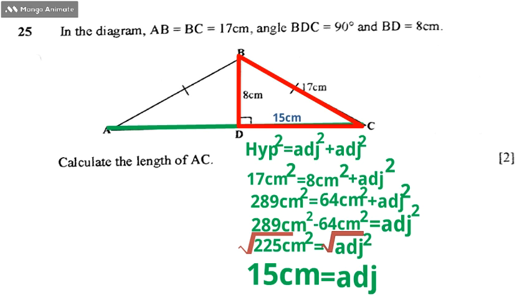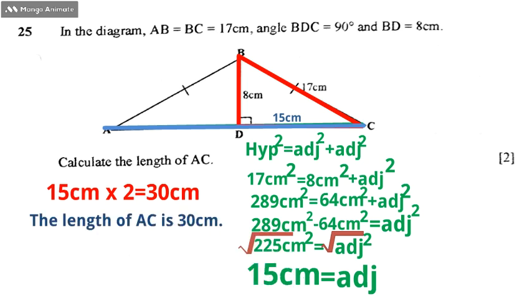Now, for me to find the length of AC, I'm going to multiply 15 centimeters by 2, which gives me 30 centimeters. So the length of AC is equal to 30 centimeters. Okay, so we go to the next question.